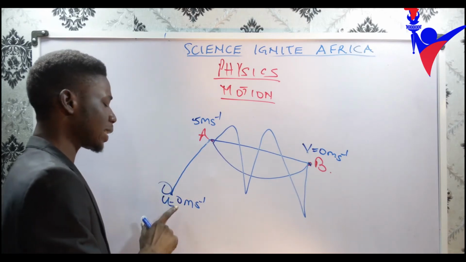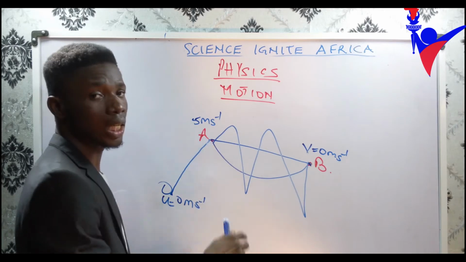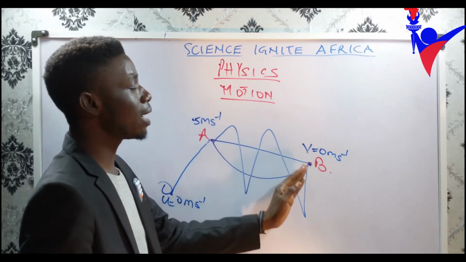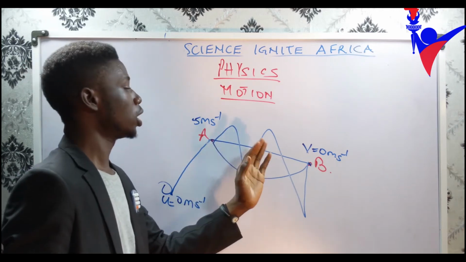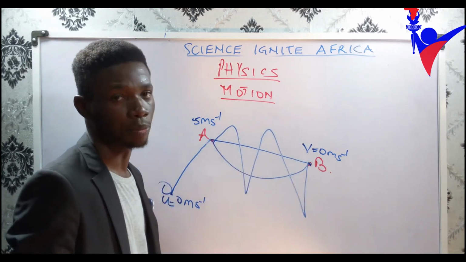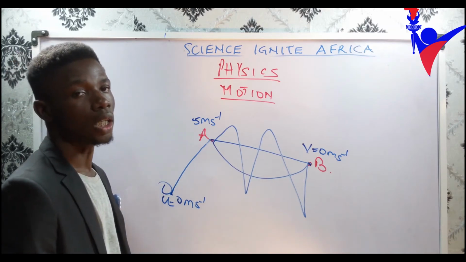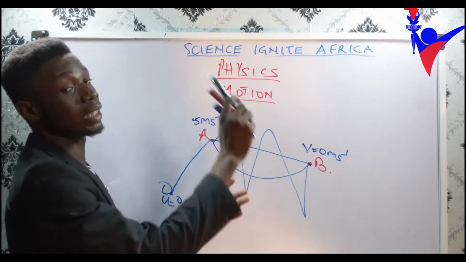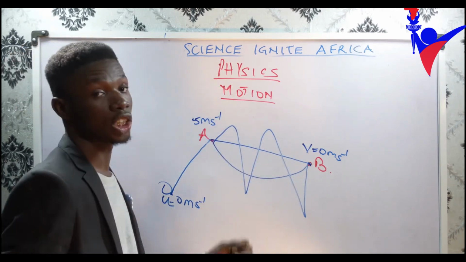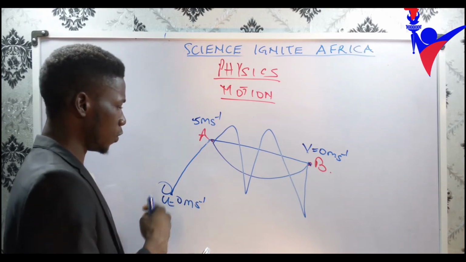Reason being that I started from rest, I increased my velocity, and later I started decreasing my velocity until I exhausted all the velocity that I had gotten. So I stopped again at B, which means that I rested at B in the process of moving. So the initial velocity for the entire journey and the final velocity for the entire journey is 0 meters per second. So that's the concept of velocity changing.